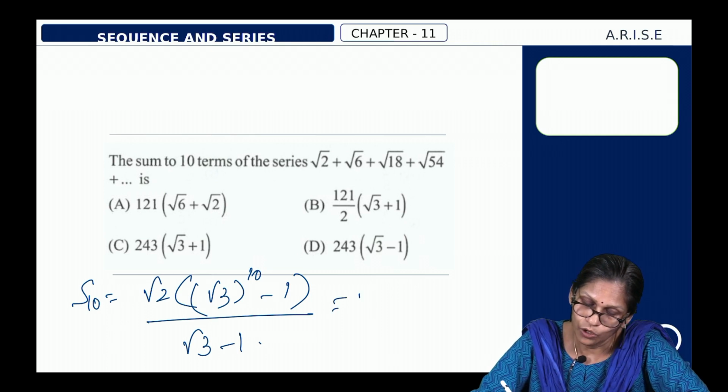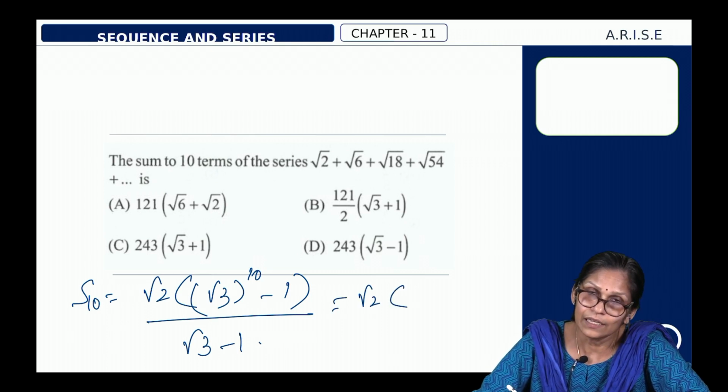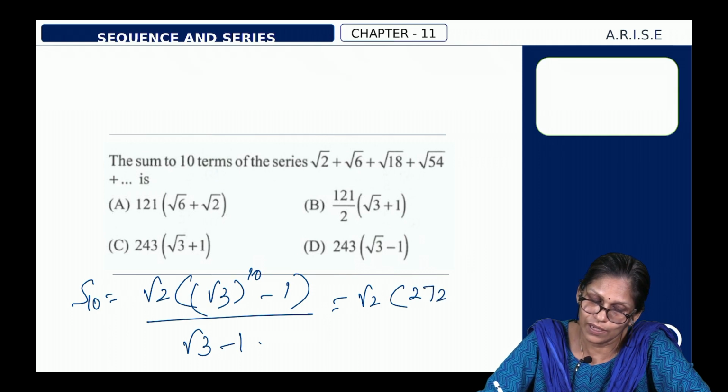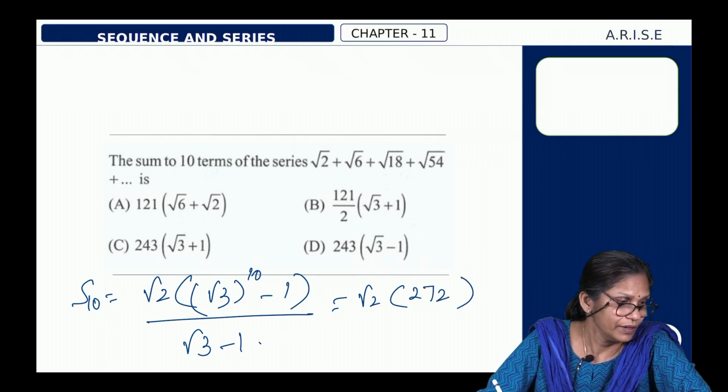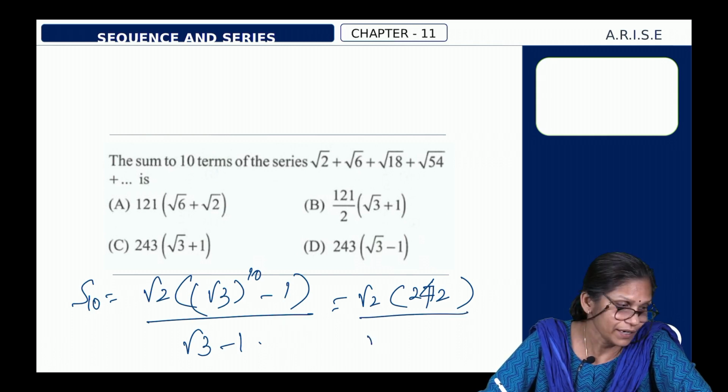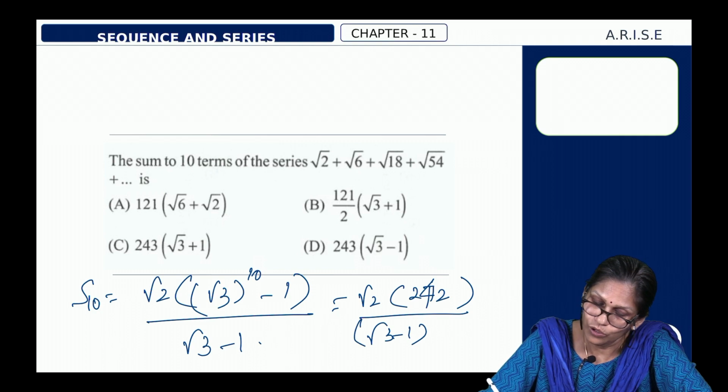So, you have root 2 into, this is root 3 raised to 10, which means 3 raised to 5, so 243. 243 minus 1 is 242, divided by root 3 minus 1. So, I rationalize by multiplying by root 3 plus 1. So, what do I have?